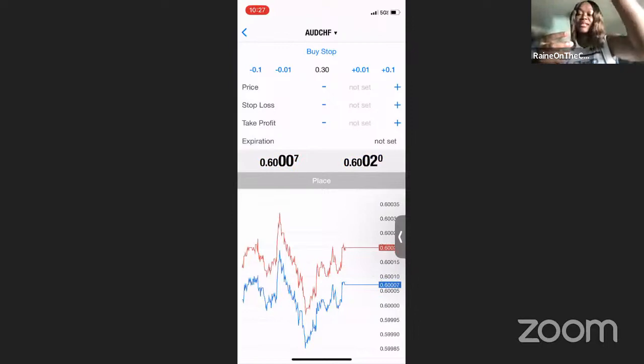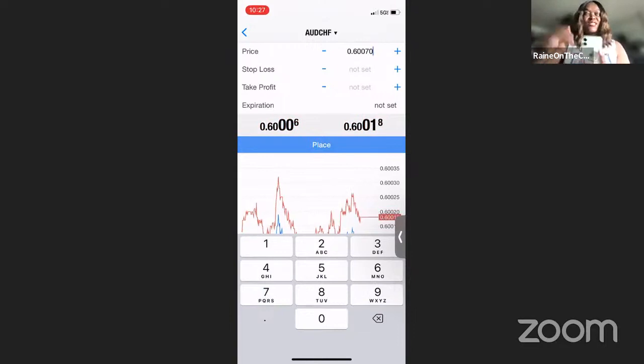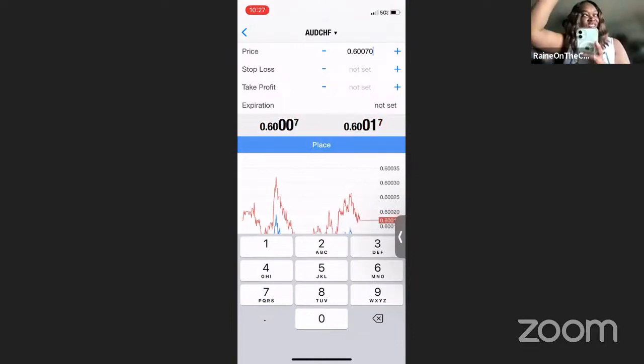Let me go ahead and get in this trade going up. So right now I could do a buy stop at say 670. All right. So if it breaks through 670, I will be in that trade.